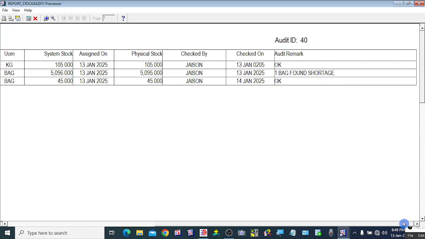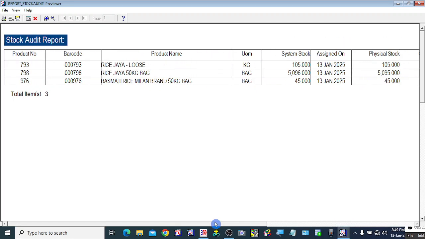In this way, if there is any variance of the stock as per system versus physical stock, we can very easily find out the mistake if you conduct this emergency stock audit periodically on a random basis every month.